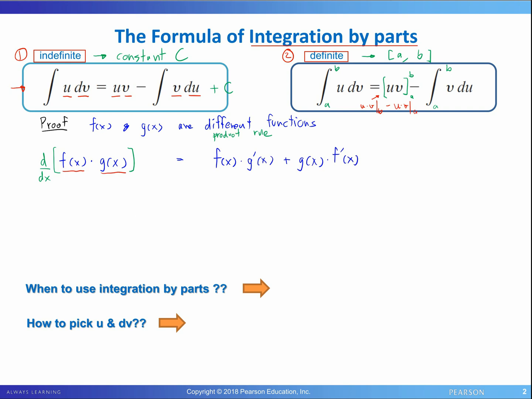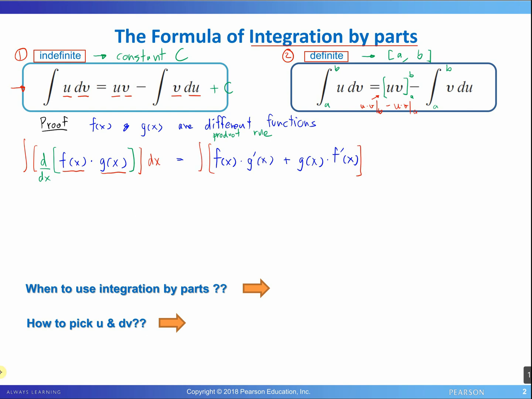And now the next thing we are going to do is to integrate both sides of the equation with respect to x. Integrate and dx back here. On the right-hand side, same thing. Integrate all these terms with respect to x.